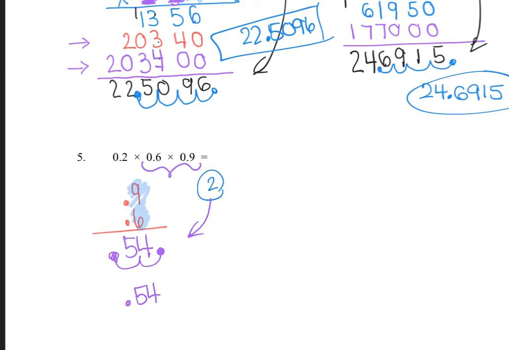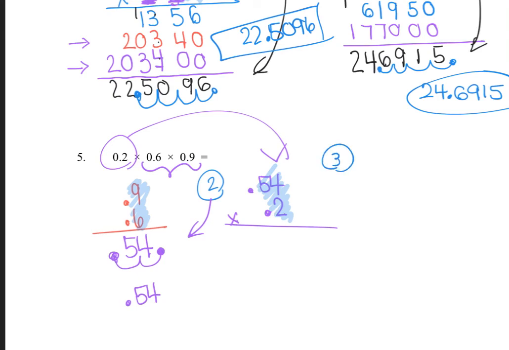Okay, now I'm going to take that 0.54 and I'm going to multiply it by 0.2 because that's my other one. And I'm again lining them up to the right. I'm counting how many decimal places I have on the right side, which is 3 now. Okay, see how you added one in? You have another place there because that's the 100th place.